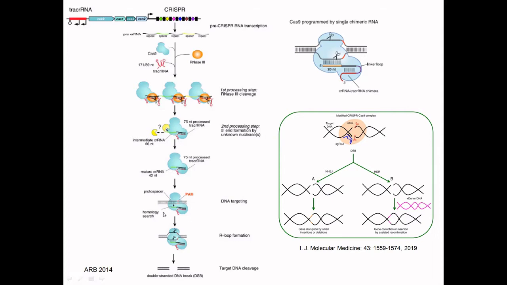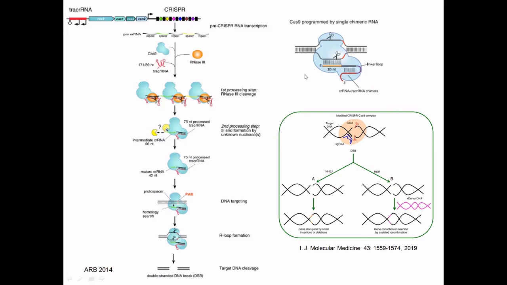In the final form, after the processing of the trans-activating CRISPR RNA and processed crRNA along with this guide and these spacers, we design the sgRNA. This guide is designed by specific software to identify a specific target on a specific genome. They are fused together and it is prepared.